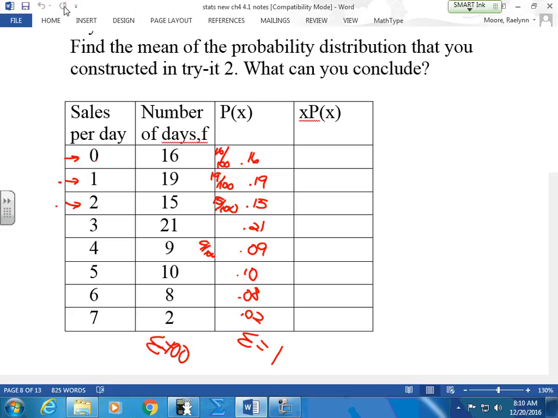Now, in your calculator, if you put L1, L2, so let's try this again. Out of these 3 rows, L1, L2, and make sure you stack L1, L2. The last 3 rows, I want L1, L2. And we're going to do this last column last.